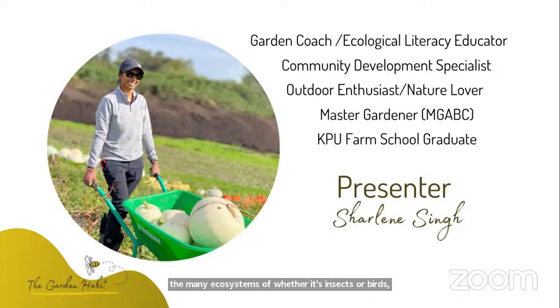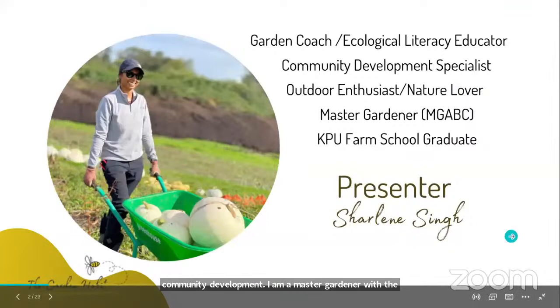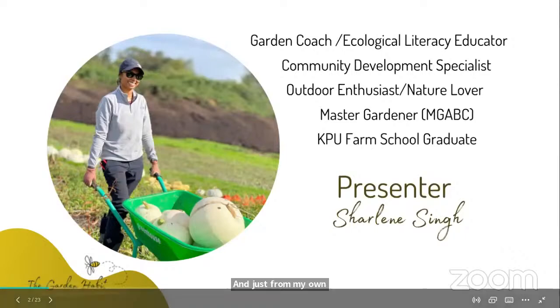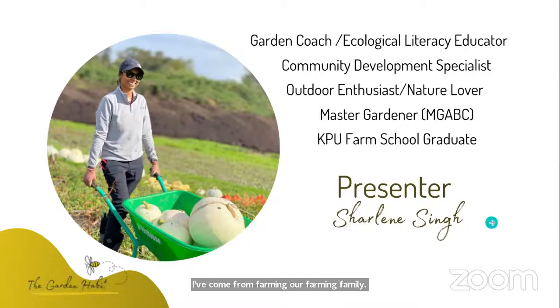I've done a lot of work in community development. I am a Master Gardener with the Master Gardener Association of BC, and, having come from a farming family, I was really interested in regenerative agriculture. So I'm a graduate of the KPU Farm School, and boy, was it a learning experience.